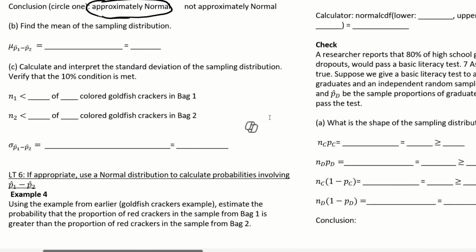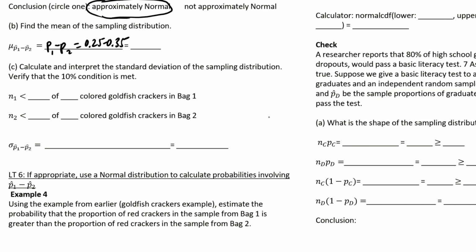Remember, the mean is going to be p1 minus p2. So it's going to be the proportion of red crackers from bag 1 minus the proportion of red crackers from bag 2. In this case, bag 1 is 25% and bag 2 was 35%, right? So we're going to subtract those. 0.25 minus 0.35, which is negative 0.10.